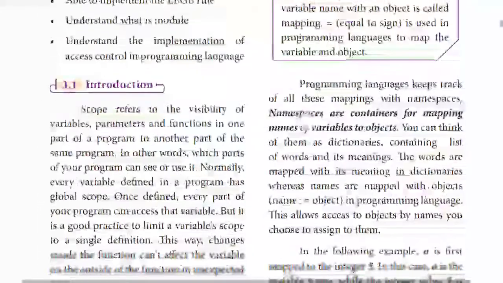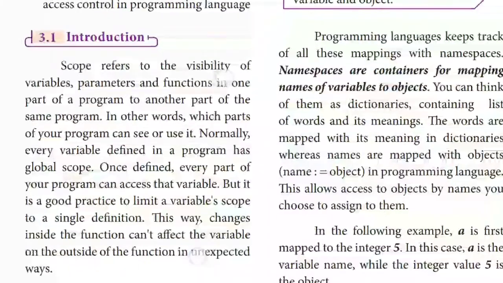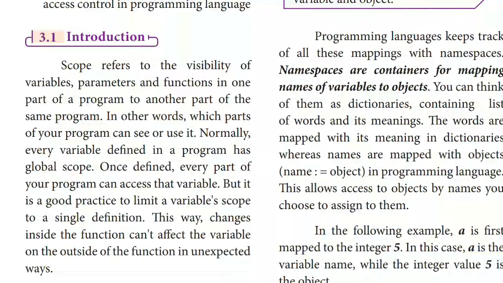First is scope. Scope refers to the visibility of a variable, parameter, and function from one part of the program to another part of the same program. So many values or data can be accessed in one program. The visibility, availability, or accessibility of that particular variable, data, function, or object in which part of the program is known as accessibility.